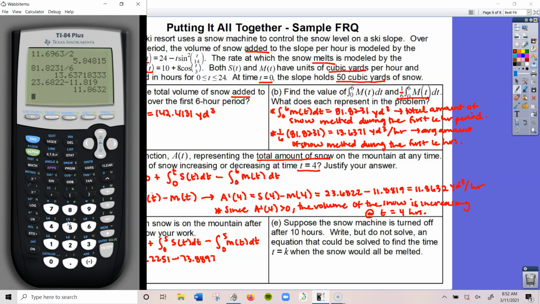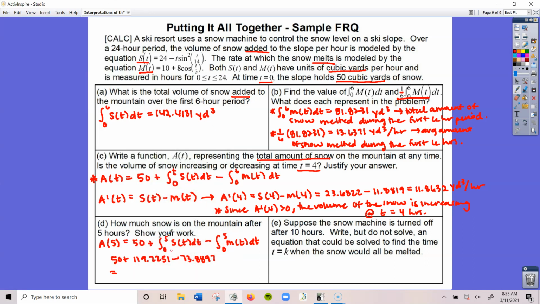We have 50 plus 119.2251 minus 73.8897. And that gives me 95.3354. And this is the amount of snow, so this is cubic yards.